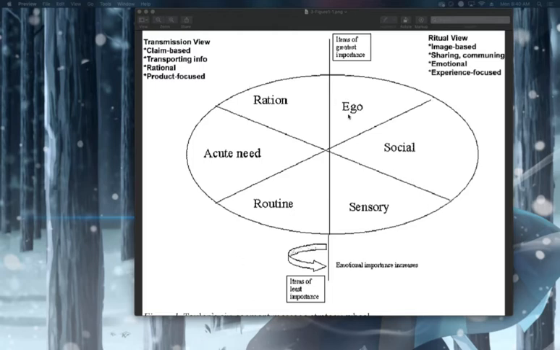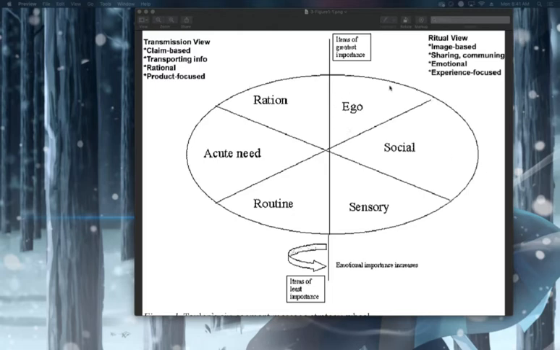So you see the three here: ego, social, and sensory. I like talking about these. These are, oddly enough, some of the most common advertising appeals, especially when you don't have a lot of time to extend a message to an audience. So let's go over these.